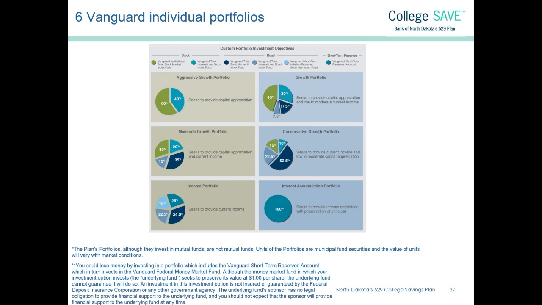So you're getting a global picture, over 5,000 different stocks split up 60% United States, 40% international, to give you this 100% stock portfolio. So this is a very, very broad and cheap way to invest for your children or grandchildren. The next portfolio over to the right is a growth portfolio that takes in some bonds. The moderate growth portfolio takes in even more bonds, and so on and so forth, okay?